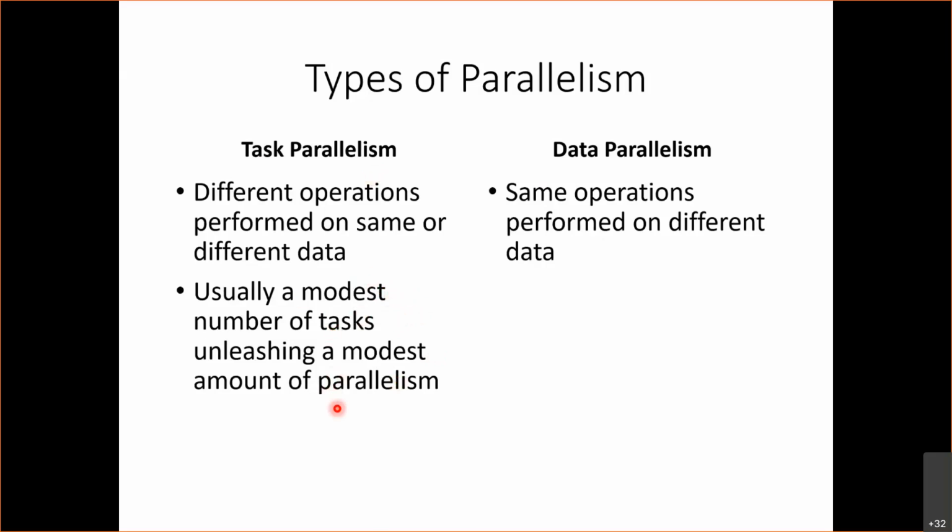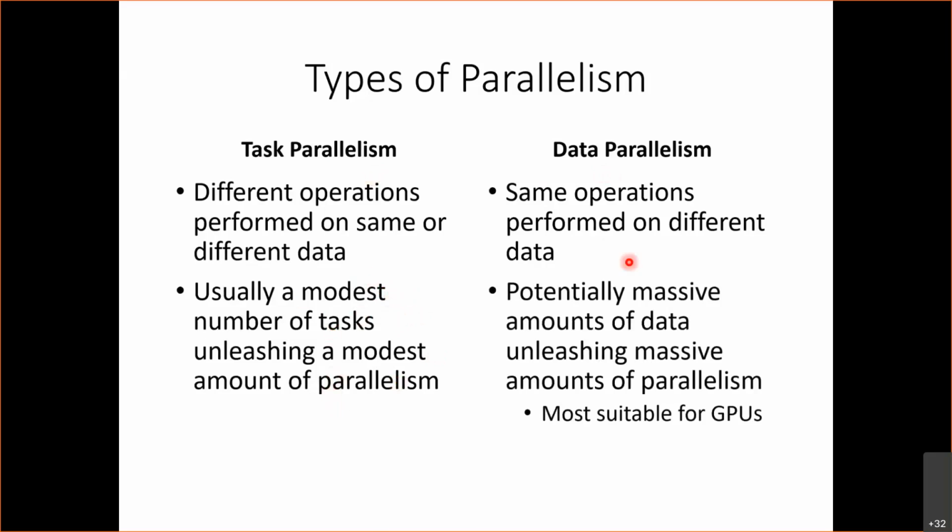On the other hand, with data parallelism, there's potentially massive amounts of parallelism that can be unleashed from a massive amount of data. And this is the type of parallelism that's most suitable for GPUs. Why? Because to increase the amount of data parallelism in a program, you don't really have to write more code to do that.